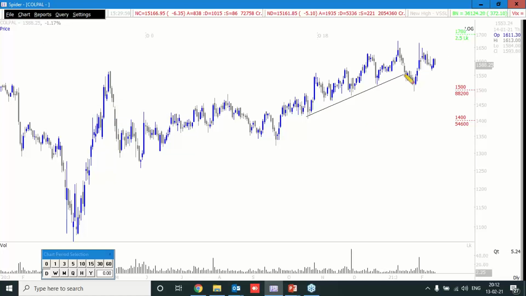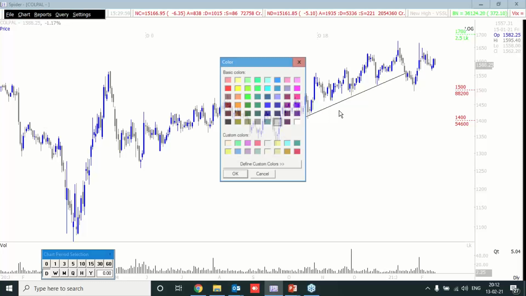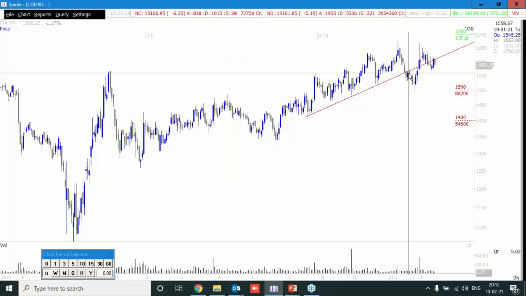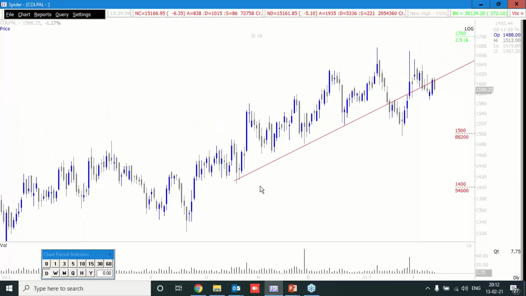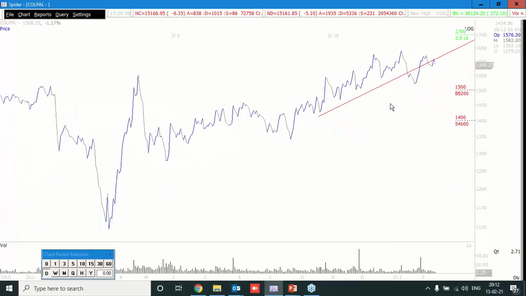Once there was a breakdown from this particular support trend line, there was a shorting opportunity in the stock. This is joining the candle lows, and I'm going to go short at this particular breakdown. Now, if we would have looked at the line chart, this again would have told us the same story.